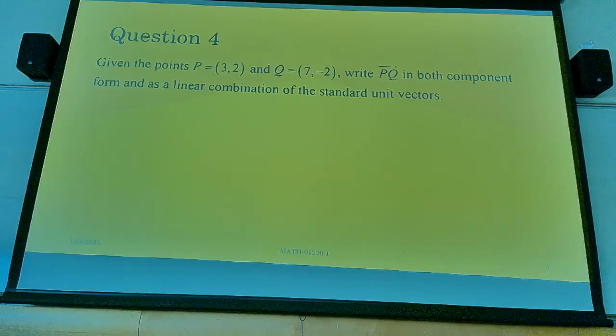Given points P and Q, I'm going to write the directed line segment PQ as a vector in component form and as a linear combination of the standard unit vectors. So graphically, let's look at what we're doing.